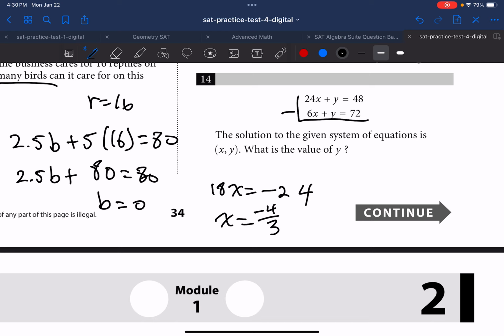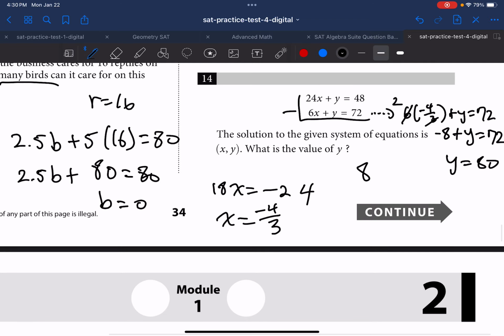So since x equals negative 4 over 3, we plug into this equation. Then 6 times negative 4 over 3 plus y equals 72. This cancels out to 2, so negative 8 plus y equals 72, and y equals 80.